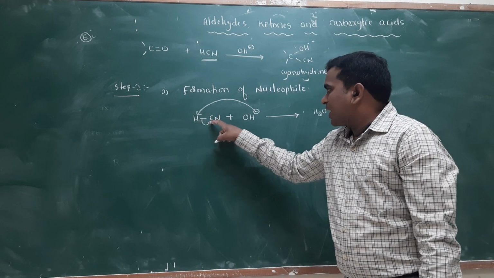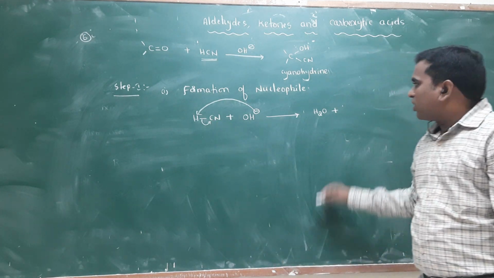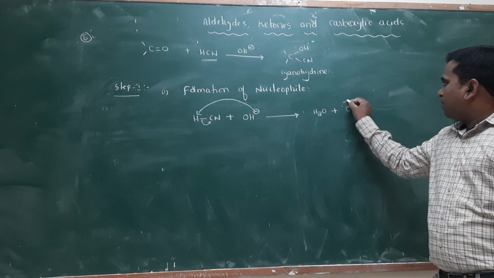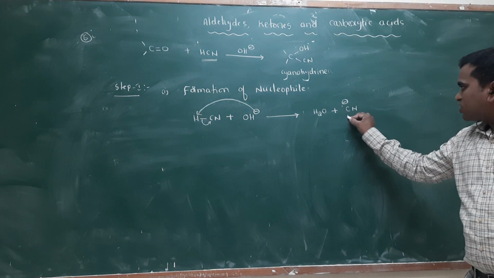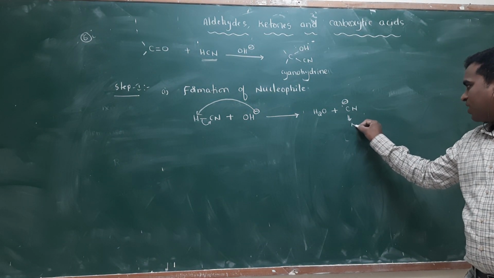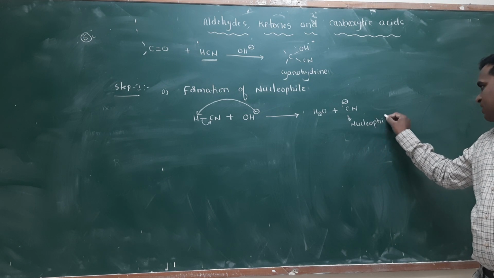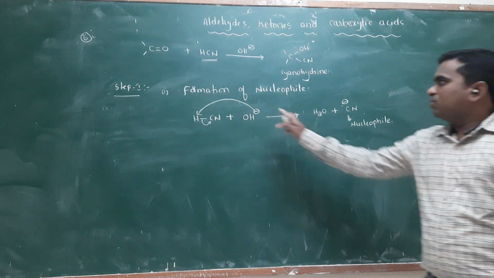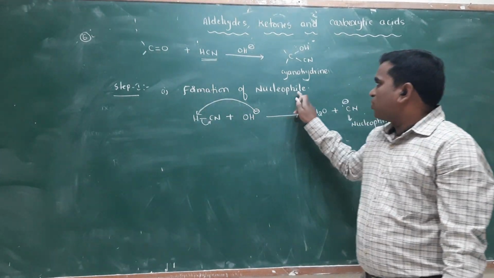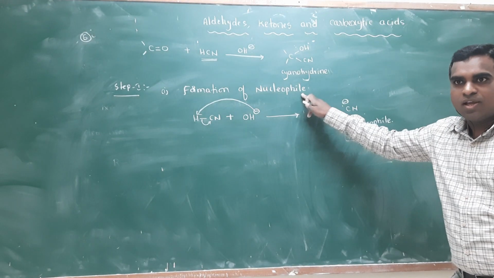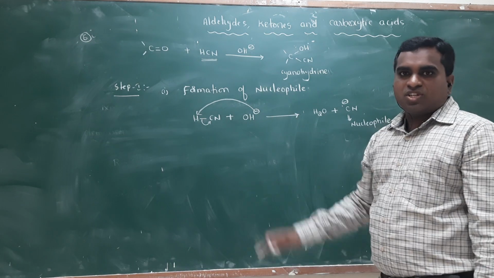This carbon is gaining electrons. Gaining electrons means carbon will get the negative charge. So CN minus. And you know this negatively charged species we call a nucleophile. So that's why we call this step the generation or formation of the nucleophile. This is the first step.